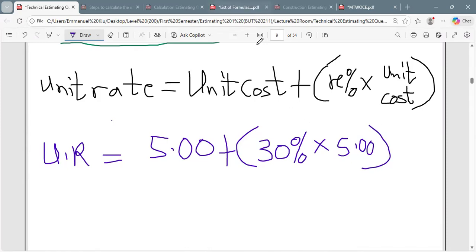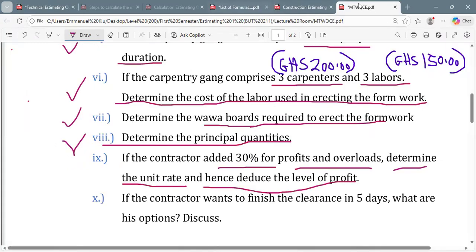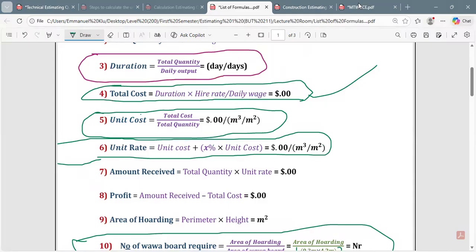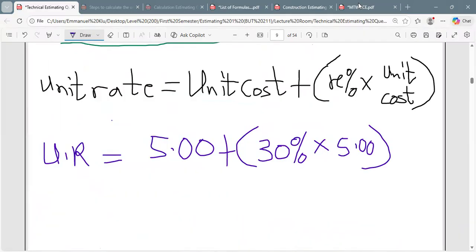You can quickly point this and life is going to become much easier. So 5.00 plus 30%. If you press shift and bracket open, you see the percentage sign. Times 5.00. At the end, you close your bracket, and you are going to get 6.5.